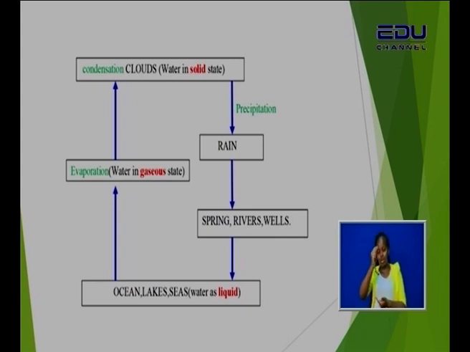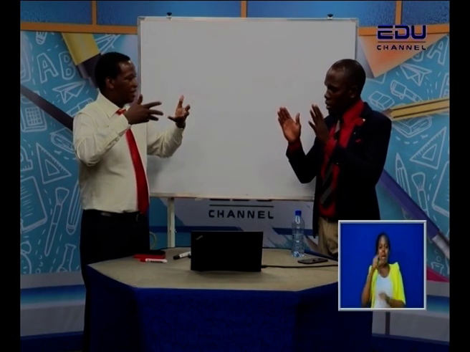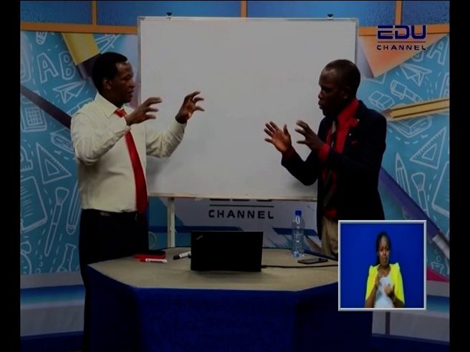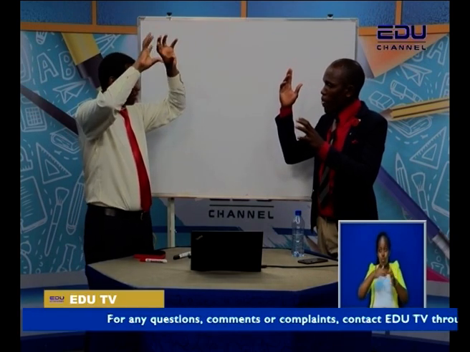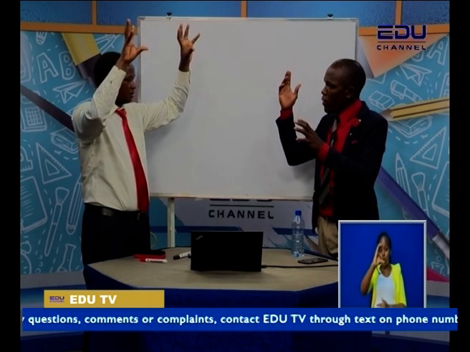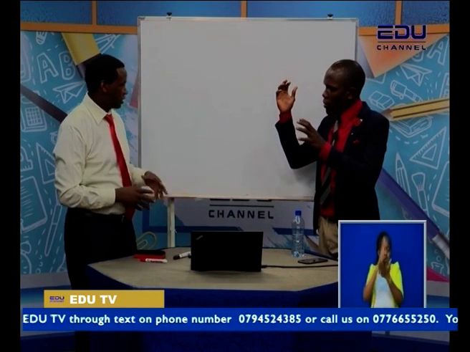So water in the oceans, lakes and seas exists in liquid state, right? Then upon solar energy from the sun, it evaporates into gas. Where does this vapor go? That vapor rises up into the atmosphere and condenses as clouds. Now that cloud is solid ice. We can call it solid ice now.